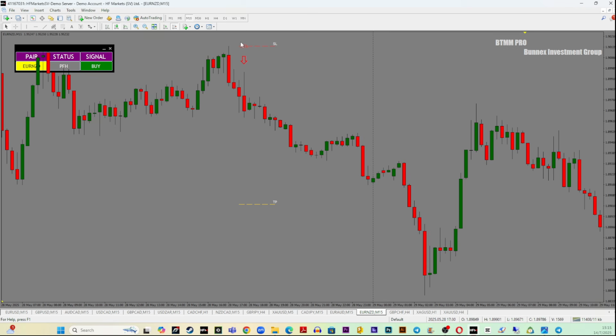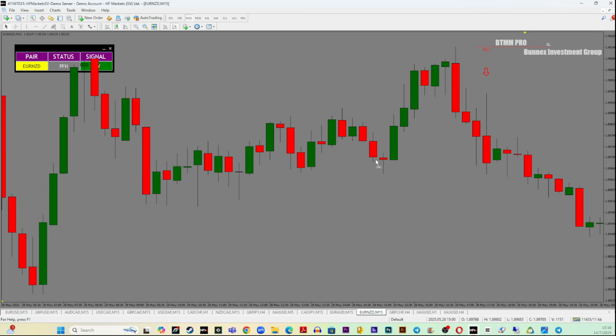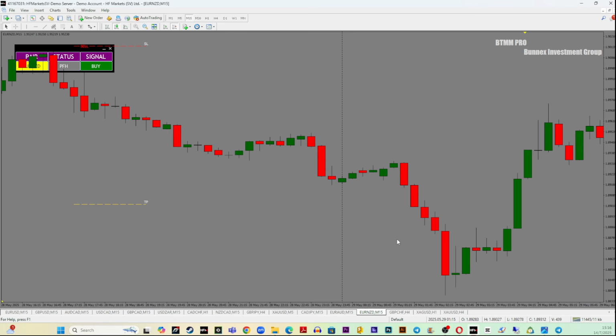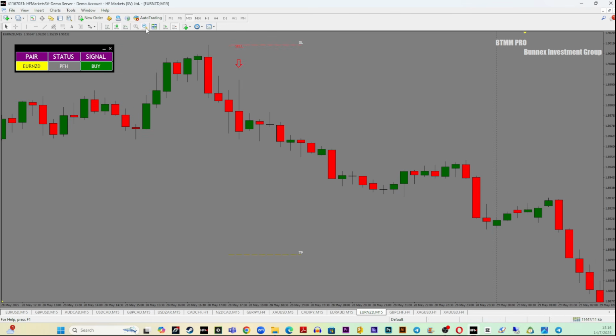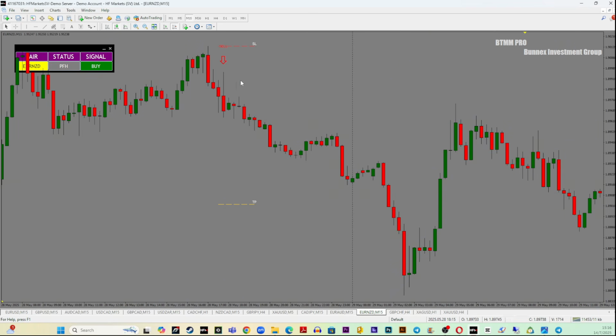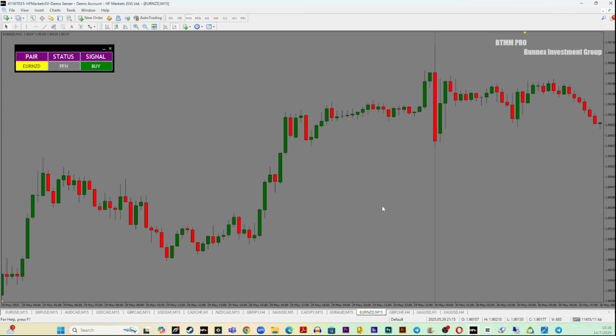In this particular case, you can see there was a sell signal that came after closure of this red candle. And after that sell signal, the indicator gives us a suggested stop loss price and a suggested take profit price. As you can see here, suggested take profit and suggested stop loss. And we can see the market could have given us a plus 2R movement, whereby we are saying 1R to the risk and 2R to the take profit side.